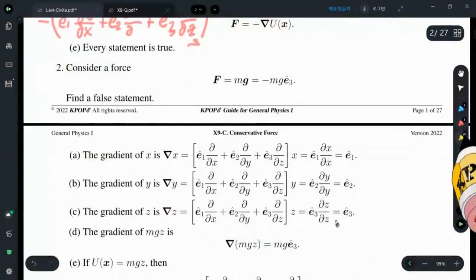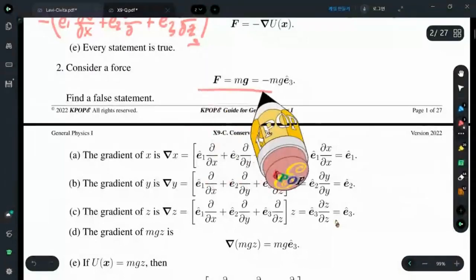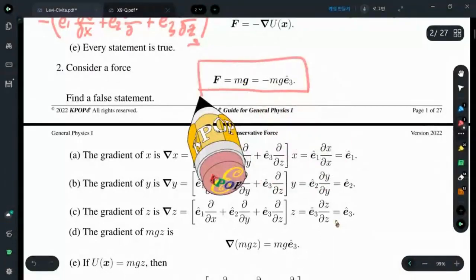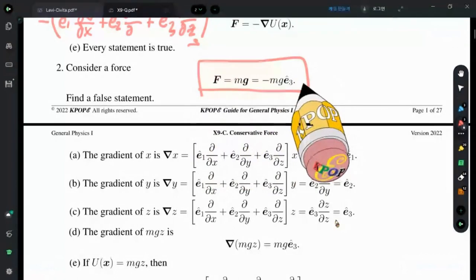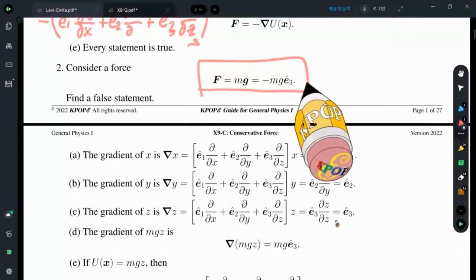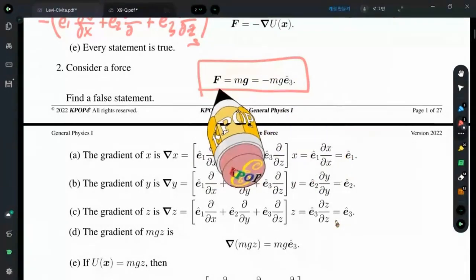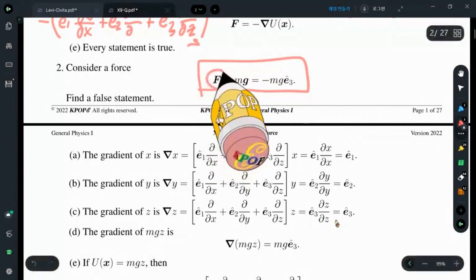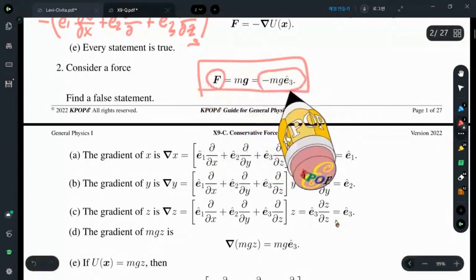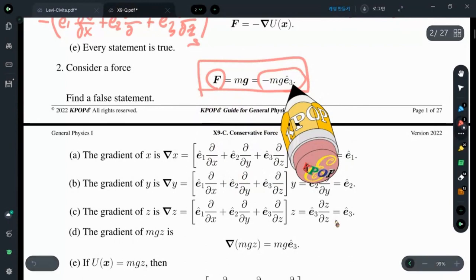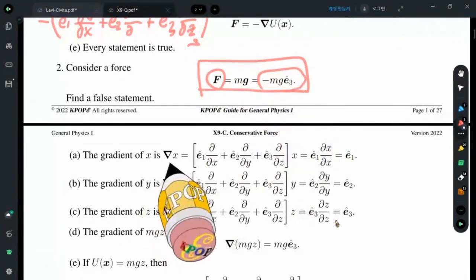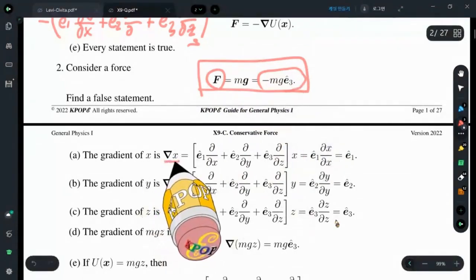Okay, we know the constant force. There should be a potential energy. We are searching for the potential energy that gives force minus mg e3 hat. Let us try gradient x.